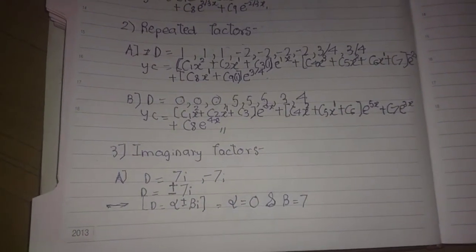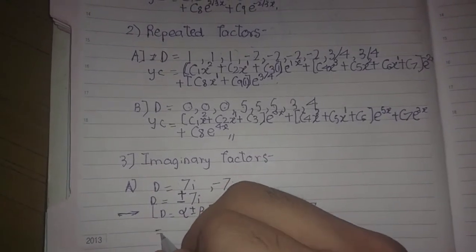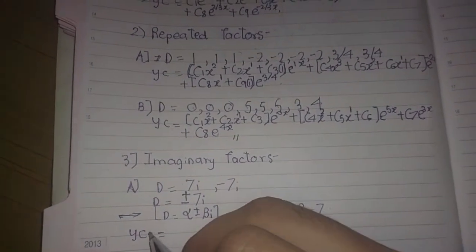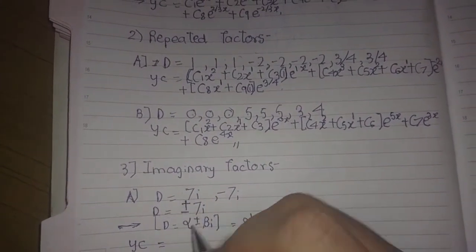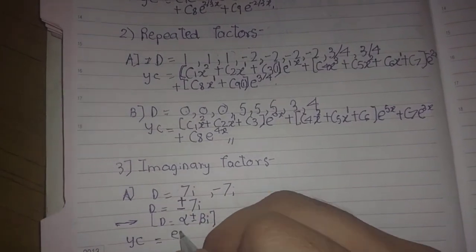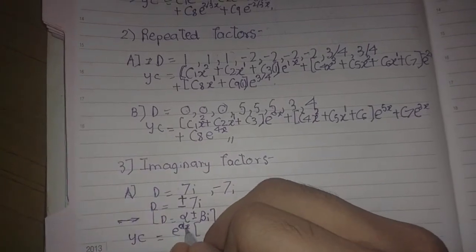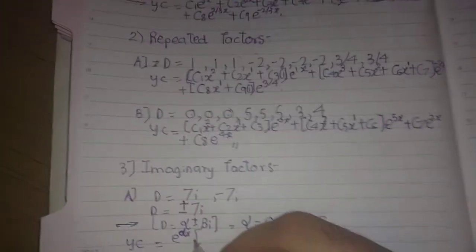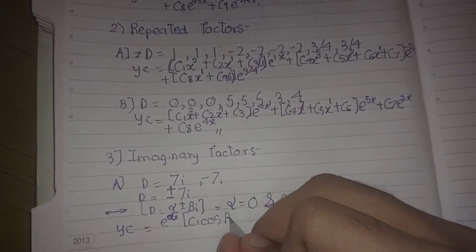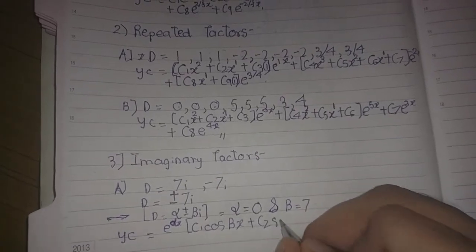So we are going to write the formula. For imaginary terms, the complementary function for imaginary factors, the formula is yc equals e raised to alpha x, then bracket c1 cos beta x plus c2 sin beta x.